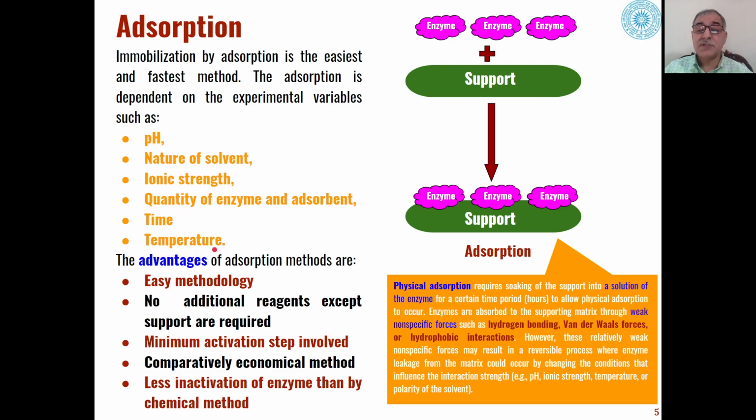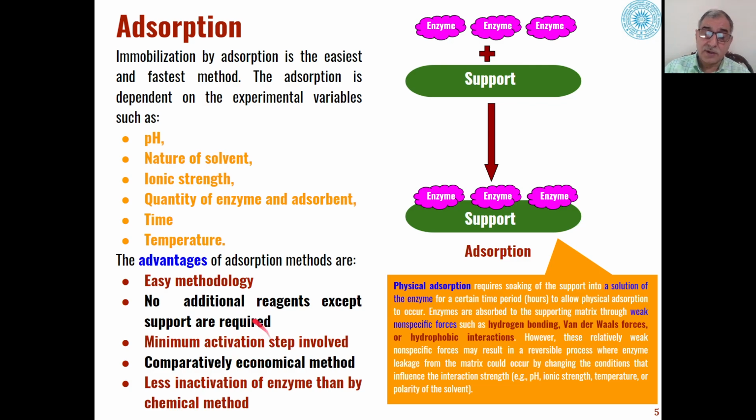Then temperature also matters in case of adsorption, because this is a physical phenomenon. As I've told you, the advantages of reversible immobilization or the adsorption method are that the methodology is easiest and fastest, and here we don't require any additional reagent except the adsorbent, that is the medium on which the enzyme is to be adsorbed.